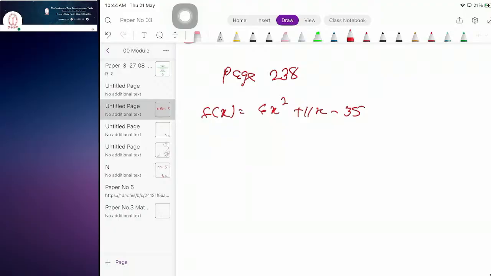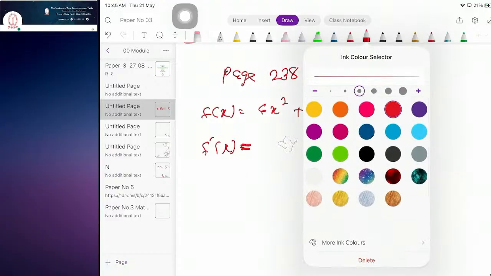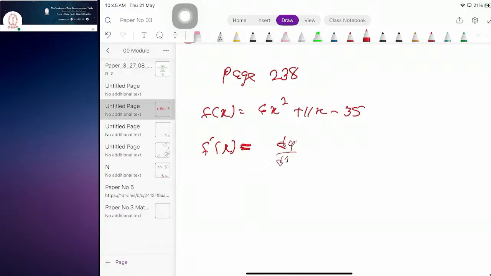This is the function, and if you want to find out whether the function is a maximum or minimum, let's find out the first order derivative f dash x, or in other words dy upon dx of the function 6x square plus 11x minus 35.